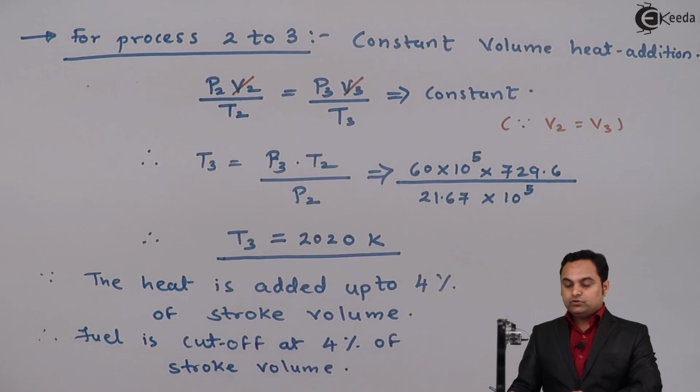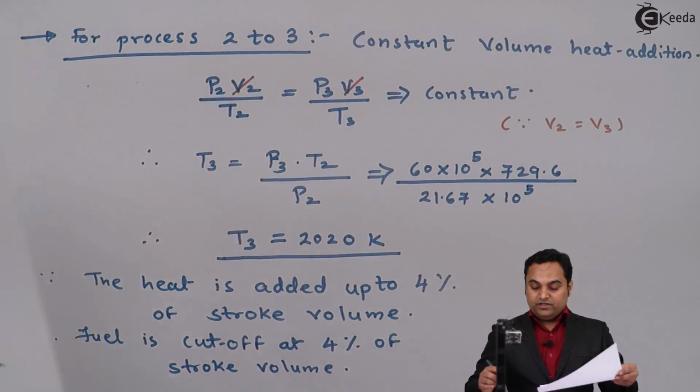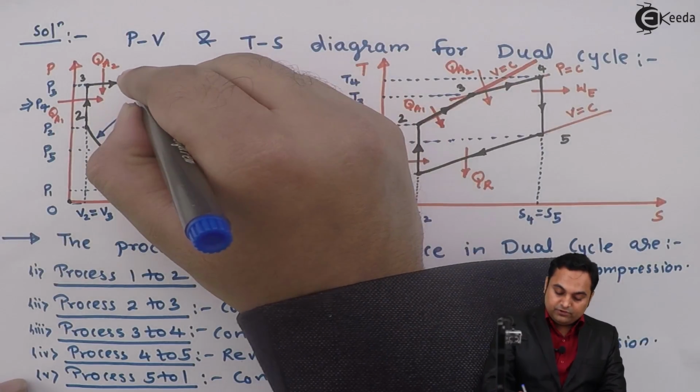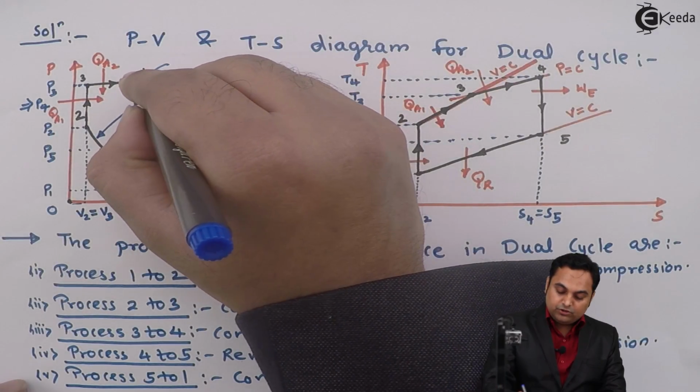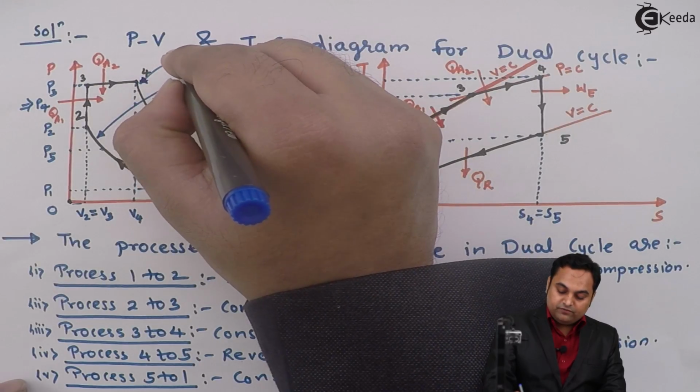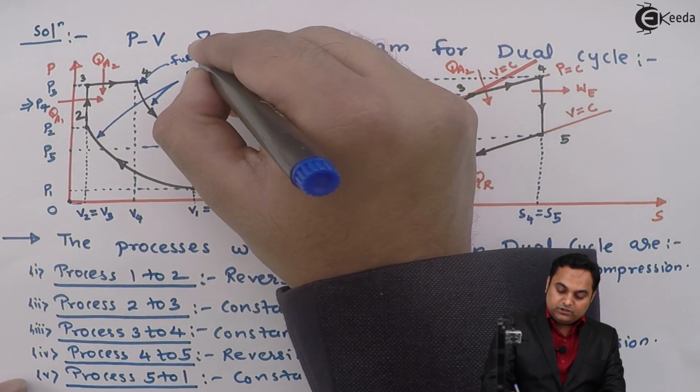So now at point number 4 the fuel is getting cut off, fuel injection or we can say fuel addition stops. So this is the fuel cutoff.